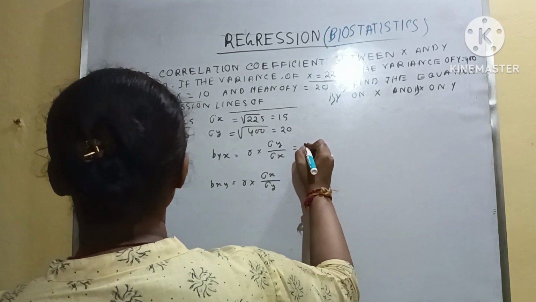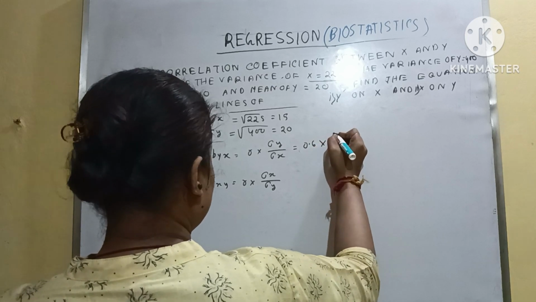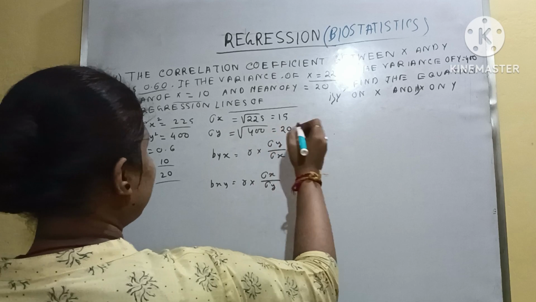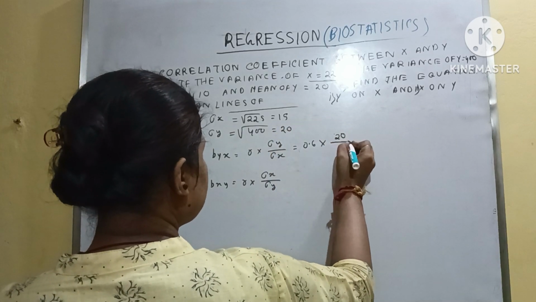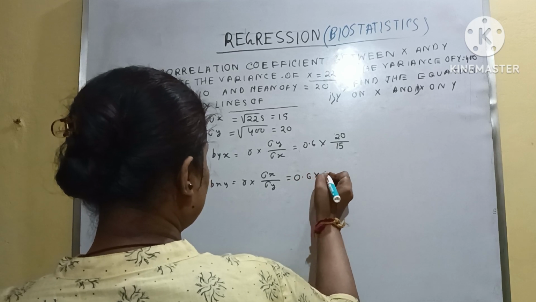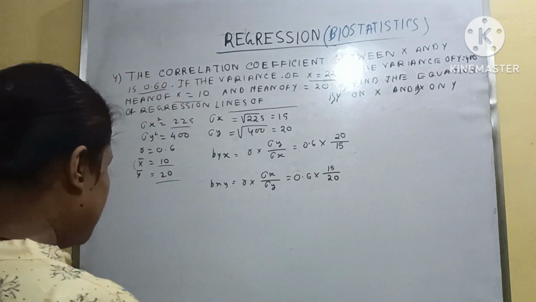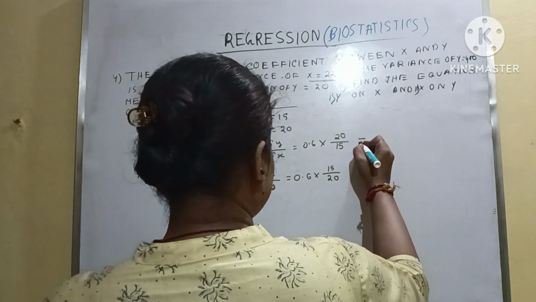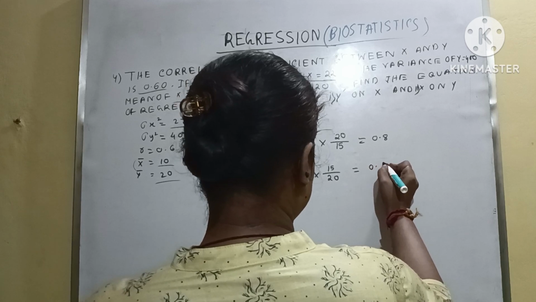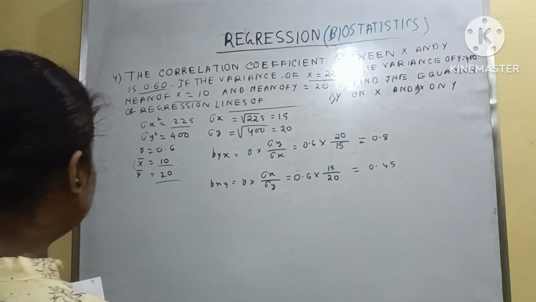R value is 0.6 into sigma y is 20 and sigma x is 15, and here 0.6 into sigma x is 15, sigma y is 20. So in first case the value is 0.8, in second case the value is 0.45. Clear? Now we have to calculate the equation.